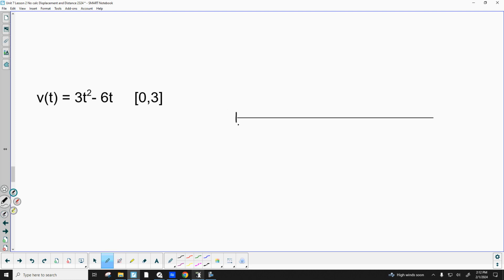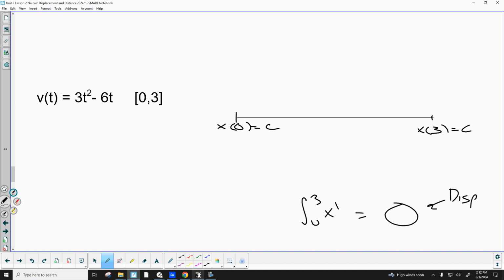We know our velocity isn't 0. We found our starting position was C. We found our finishing position was C. We found the overall accumulation of my derivative must have been 0. That's my displacement. My question now is, what is the distance?